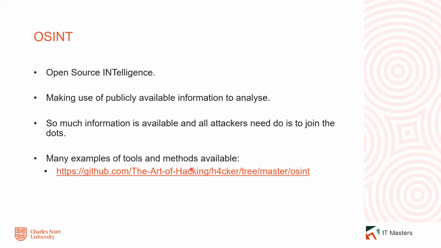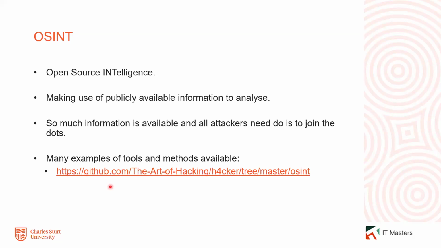One of the ways in which we can gather intelligence, either on the good side, trying to find out about the sorts of attacks that are going to be potentially launched against us, or as an attacker to find out information about prospective targets, is through using something like open source intelligence, or OSINT.